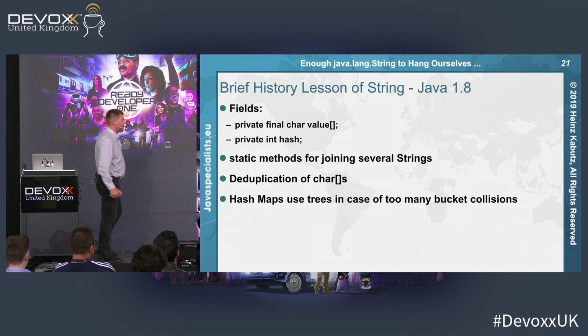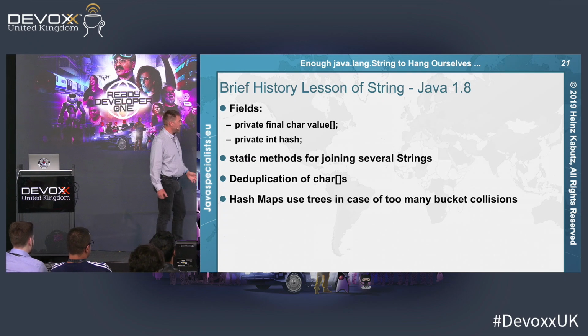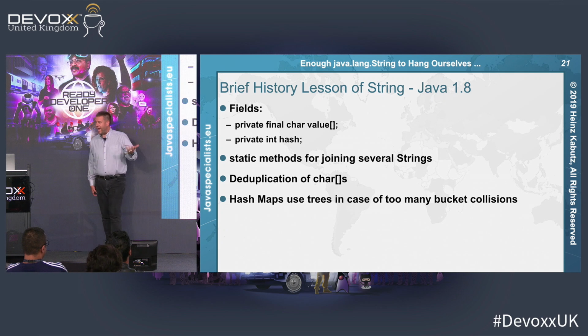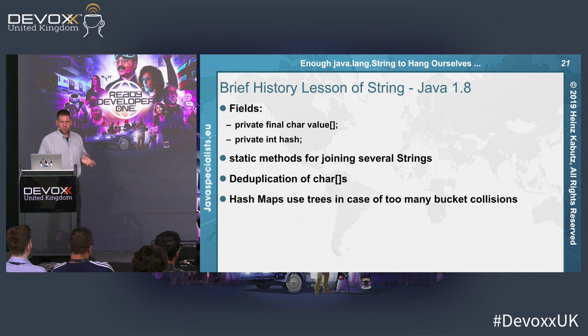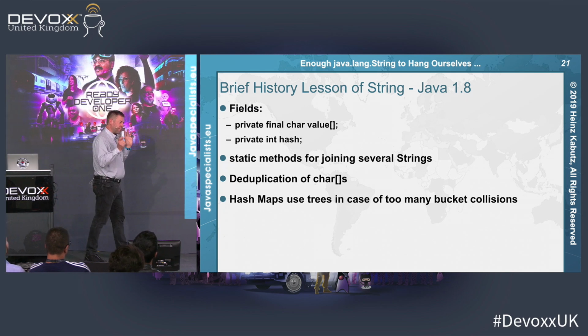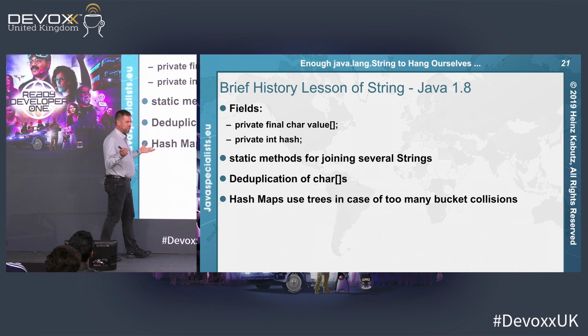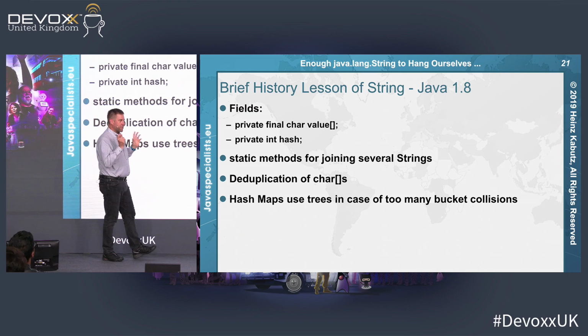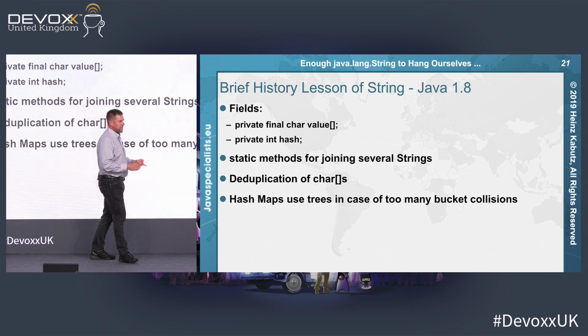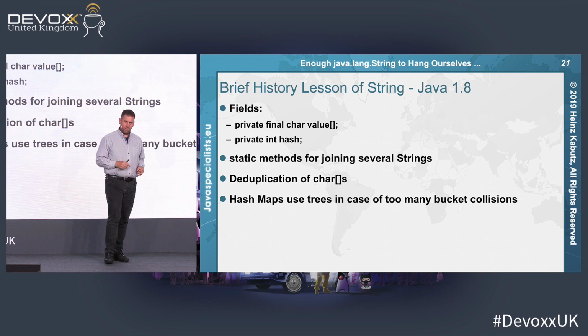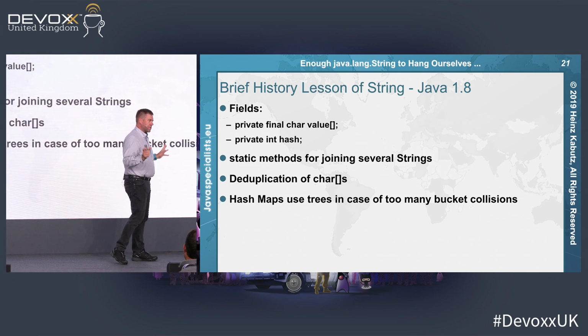They also have some other static methods for joining several strings, and deduplication is another thing which is pretty cool. I mentioned intern before. If I've got two different places in my program where I've got the same constant string, for example devox, one in one class and another in another class, it's the same constant string.